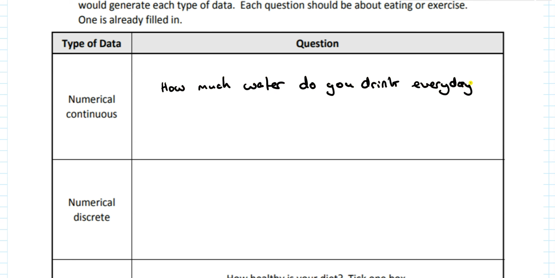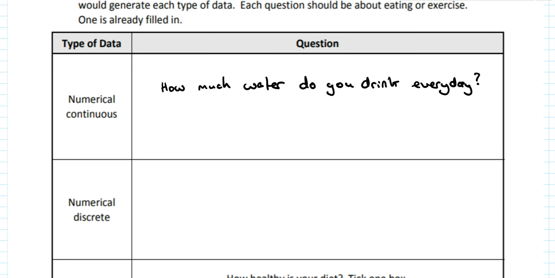It could be anything. So it's a very wide range. There's a continuous response. It could be 1 litre, it could be 1.1111111 litres. Another example could be, how far could you run in an hour? That would be a continuous answer as well.